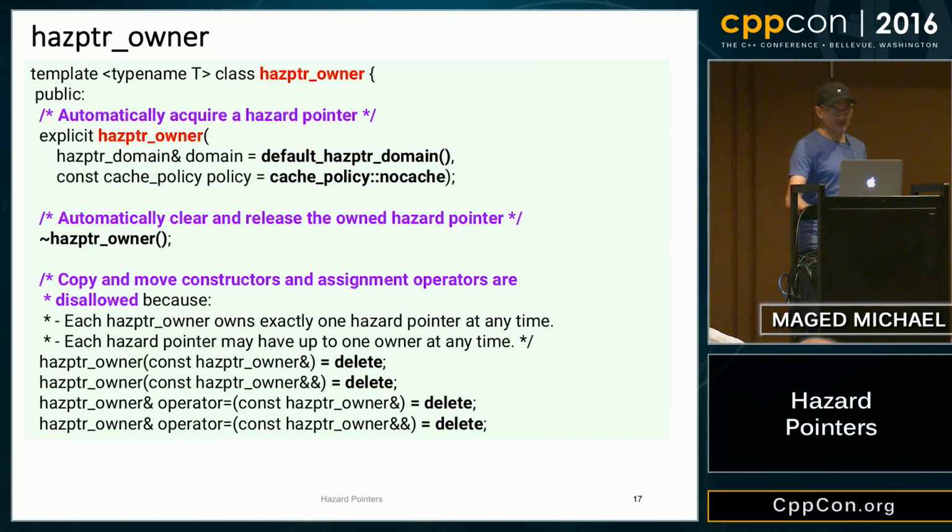Okay. So the owner by default would use the default domain, and it doesn't do thread caching. We don't copy or move the owner, because it is good to have a guarantee that the owner owns a hazard pointer at any time. So acquisition: at construction it acquires one, and at destruction it releases it.